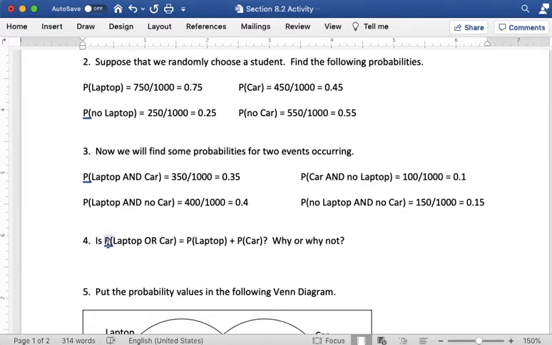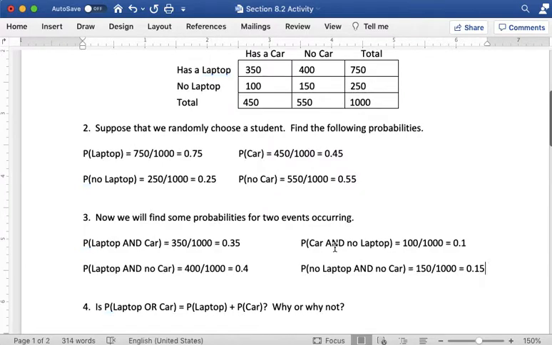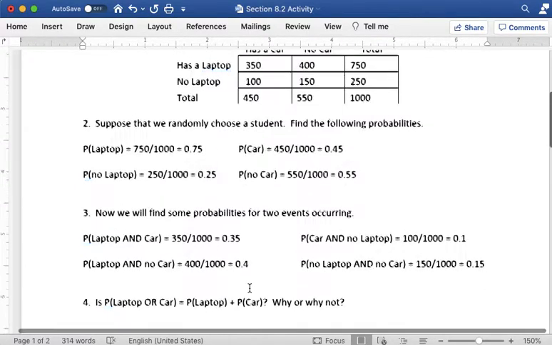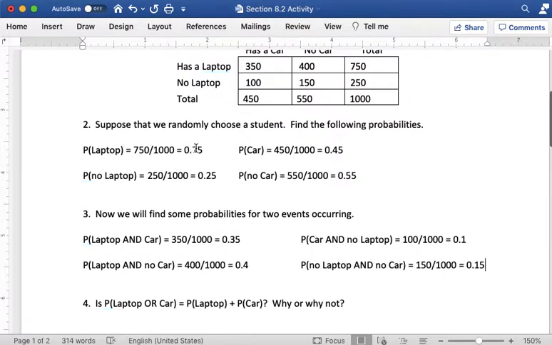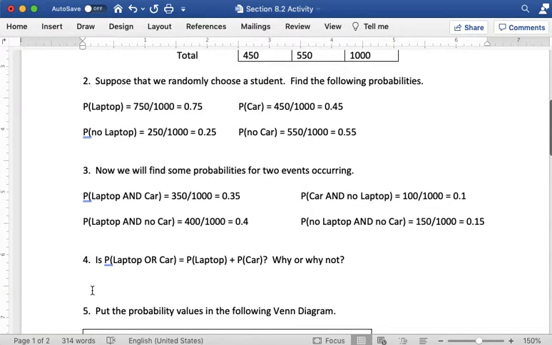Question 4 says, is the probability of laptop or car equal to the probability of laptop plus the probability of car? Why or why not? If we look at these probabilities, the probability of owning a laptop is 0.75, and the probability of having a car is 0.45.